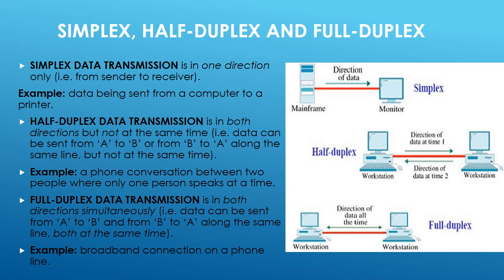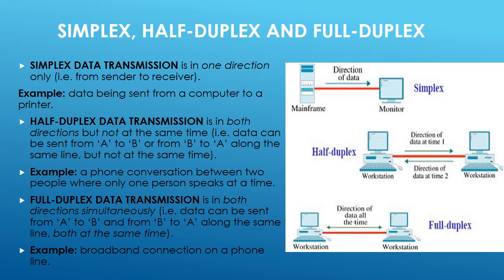So the direction of data is one side at a time. Example, a phone conversation between two people where only one person speaks at a time. Rather, a better example is wireless communication using walkie-talkies. When one person is done with a message, the other person can only then respond.